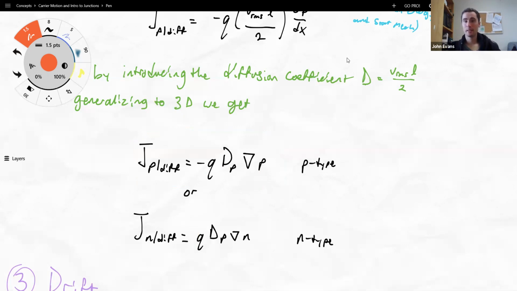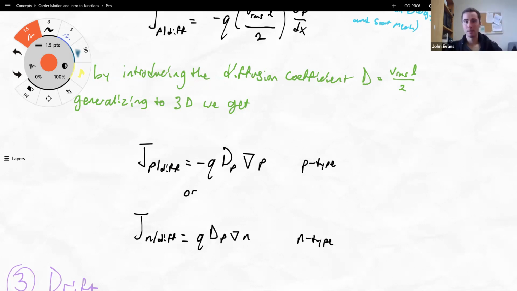So let's look at how our equation changes with different parameters. Let's say we increase the temperature, right? We're going to bump up the temperature of our system. That is going to increase the root mean squared velocity, which means it's going to increase our D value.